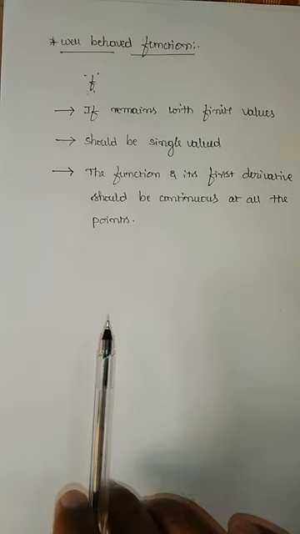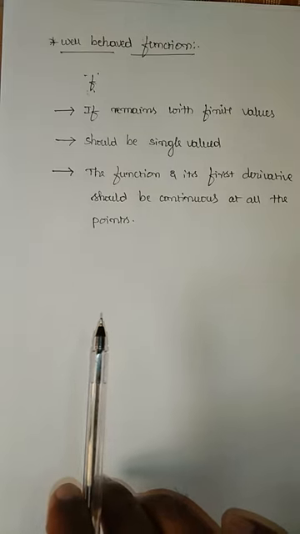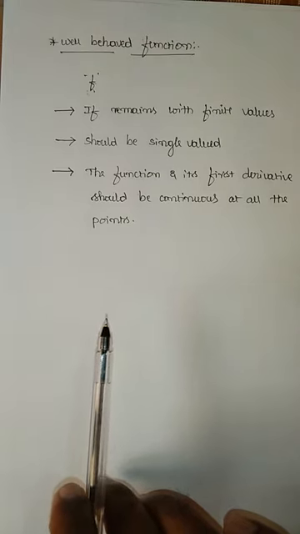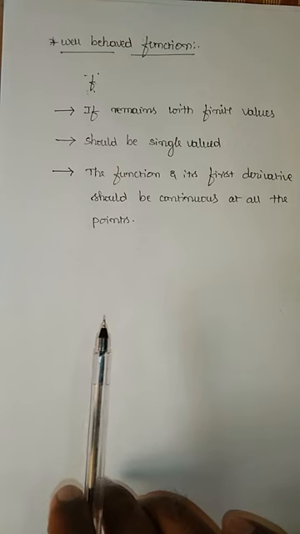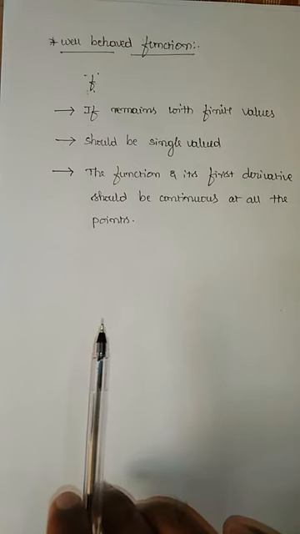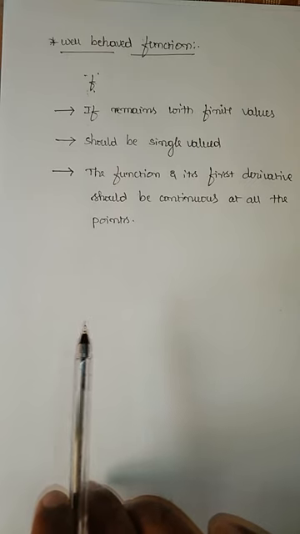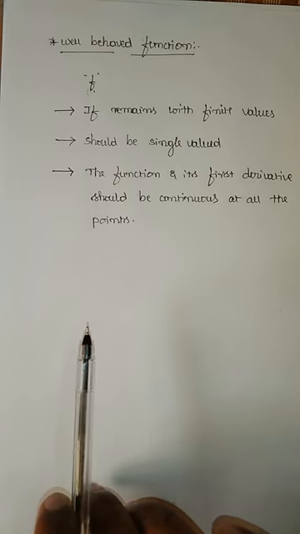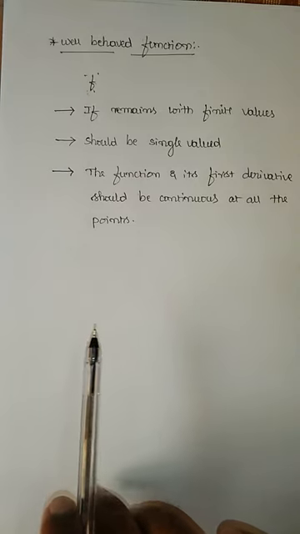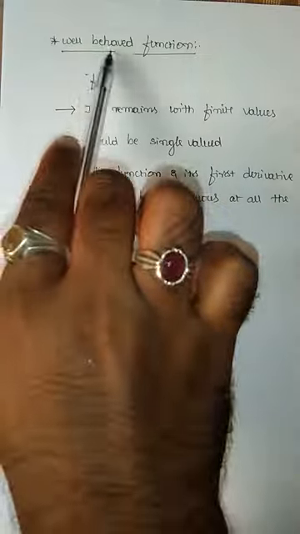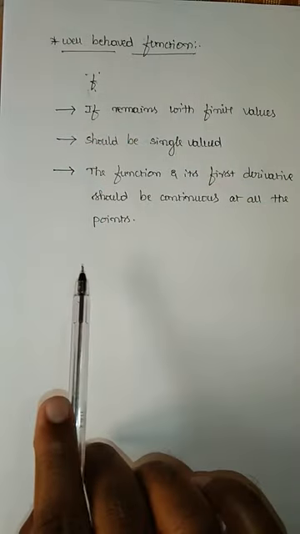This restriction actually arises because the probability at any point is supposed to be unambiguous. There should not be any ambiguity in analyzing the function at a given point. That's why the function is supposed to be single valued. That is the second condition the function is supposed to satisfy in order to call it a well-behaved function.